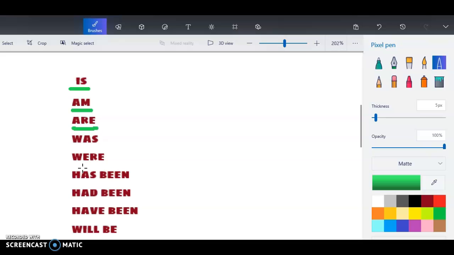For today, we're going to be looking at is, am, are, and we will also look at was and were. She was sad. I was sad. They were sad.